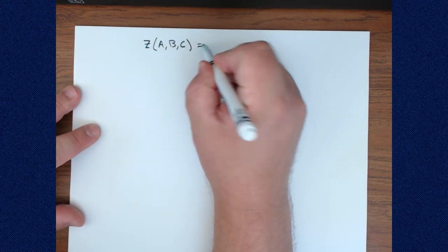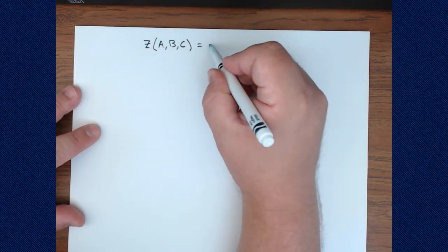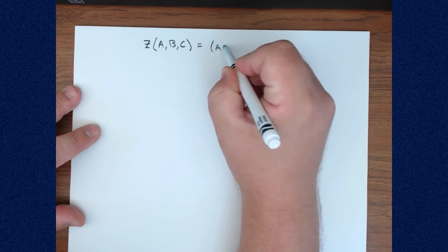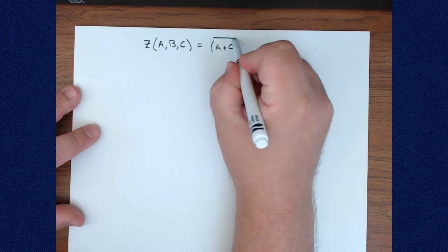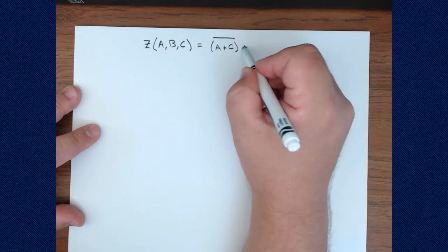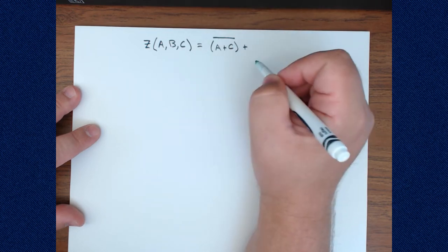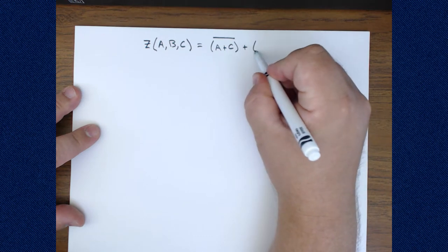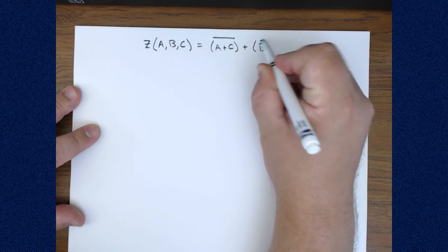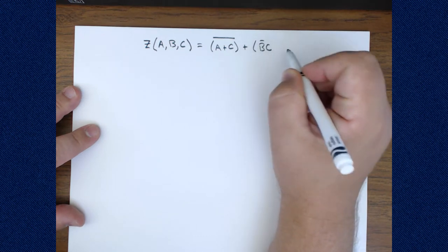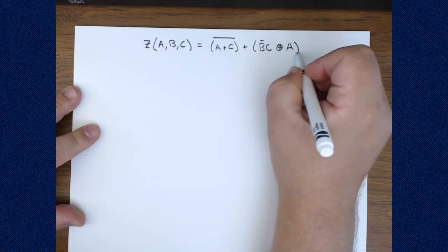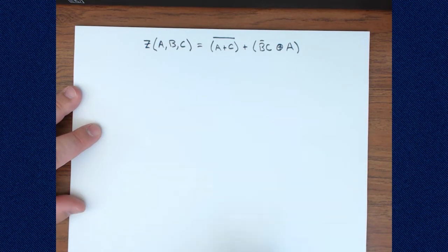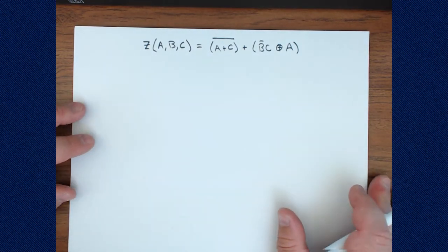And we'll say that this is equivalent to A ORed with C NORed, or inverted, ORed with the inverse of B and C, exclusive ORed first with A. Okay, so here's just some absurd Boolean algebra expression.